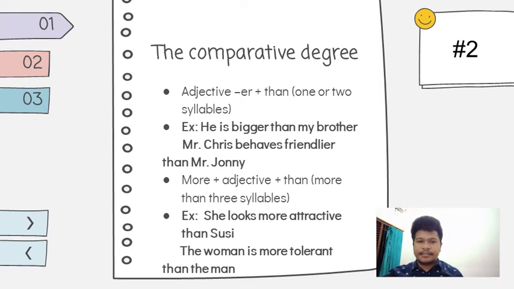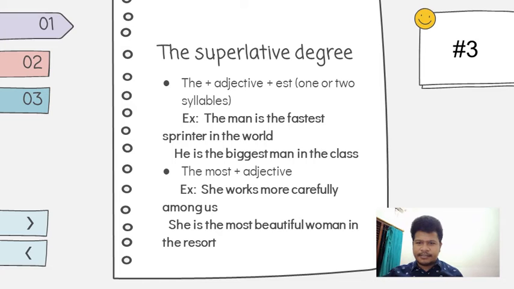And here is the example. She looks more attractive than Susie. And the second one, the woman is more tolerant than the man. Okay, hope you guys understand until this point.